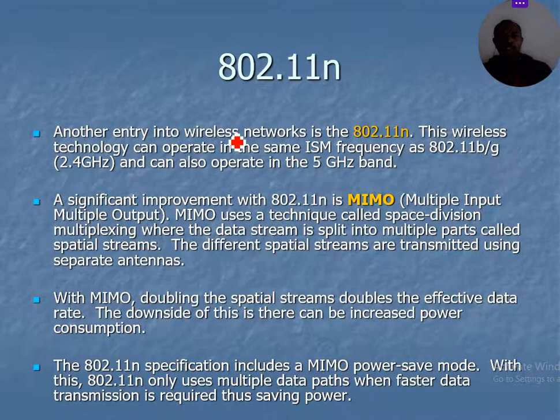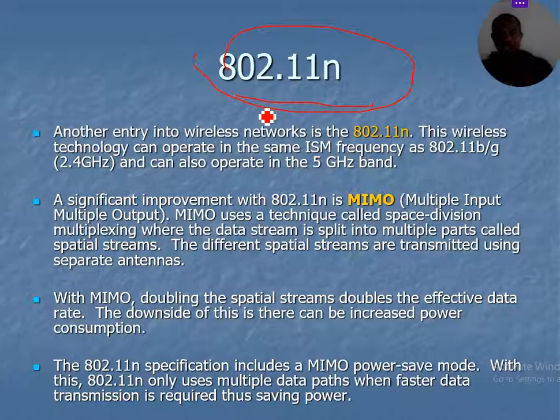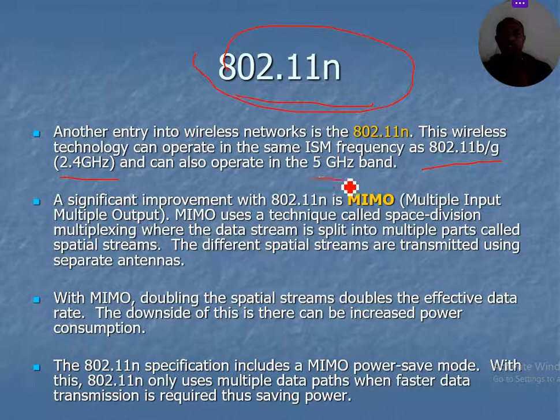Now, another introduction to the family of the IEEE 802.11 is the IEEE 802.11n. This wireless technology can operate in the same ISM frequency as the 802.11b/g, that's the 2.4 gigahertz, and can also operate in the 5 gigahertz band.